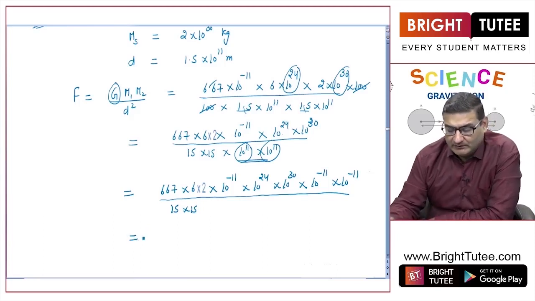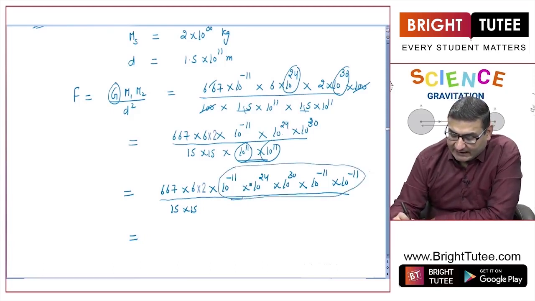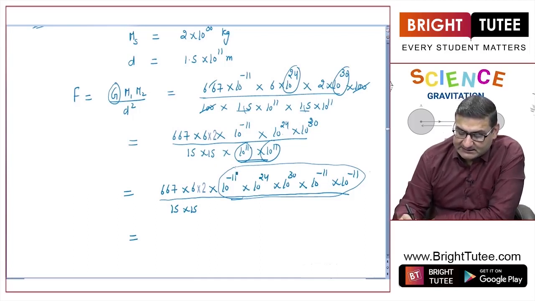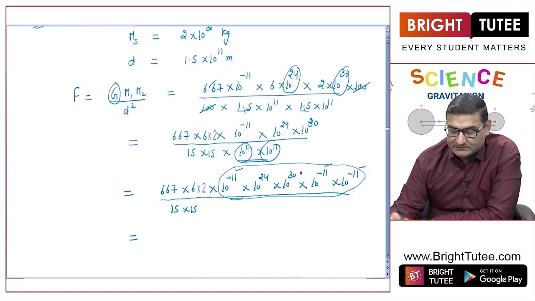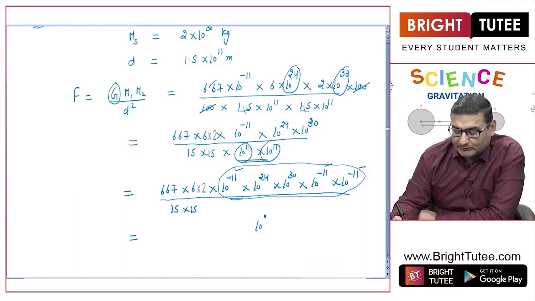Now, I will add up all these powers. Minus 11 and minus 11 comes out to be minus 22, 24 and 30 add up to 54. So, 54 minus 33 gives 10 to the power 21 as the net result.